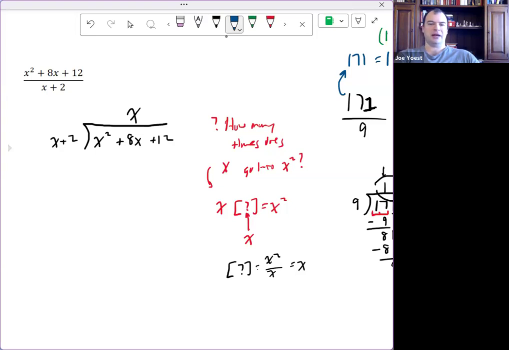Now what do I do? I multiply back around, x times x plus 2. Well, that's x times x, or x squared, plus 2x. And I want to subtract that off.